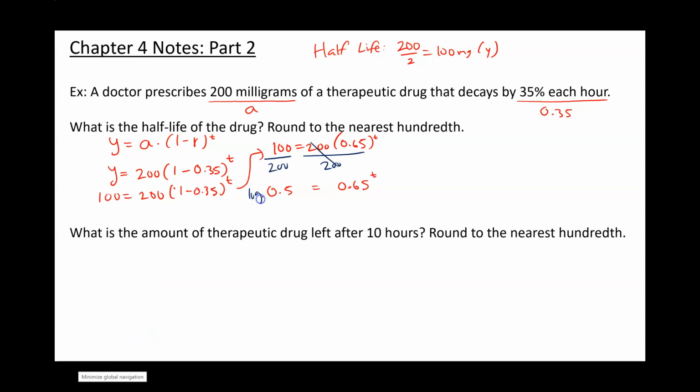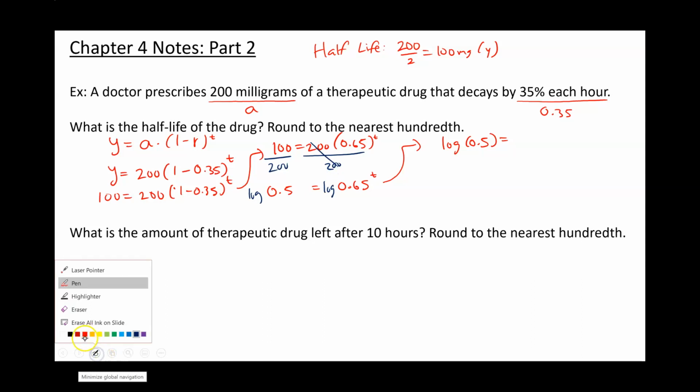So I take the log of the left side and I take the log of the right side. When I take the log of the left side, it just becomes log of 0.5. When I take the log of the right side though, this t comes down. That's the whole point of taking a logarithm. That t comes down and this becomes a multiplication problem. So we have t times log of 0.65.